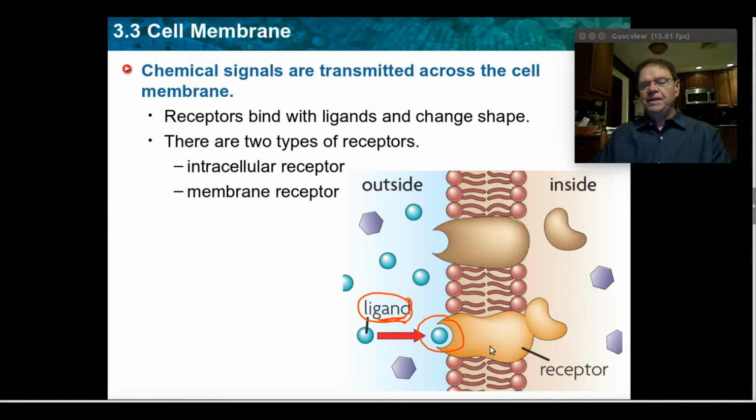And therefore, this is going to change shape, and it's going to bind to or release another protein that's inside the cell. And so that communication is made through the cell membrane without anything even passing through the membrane.